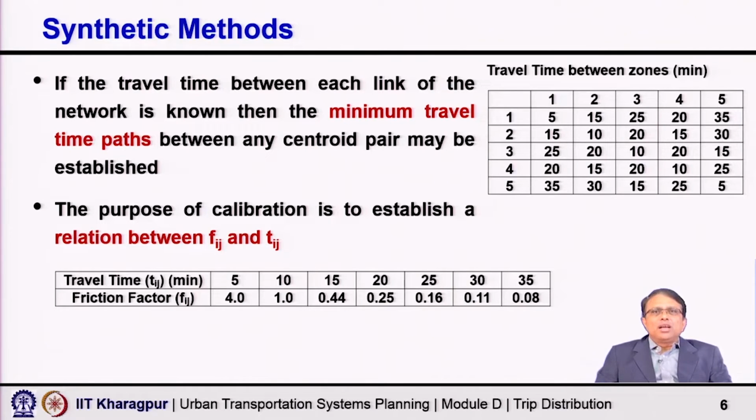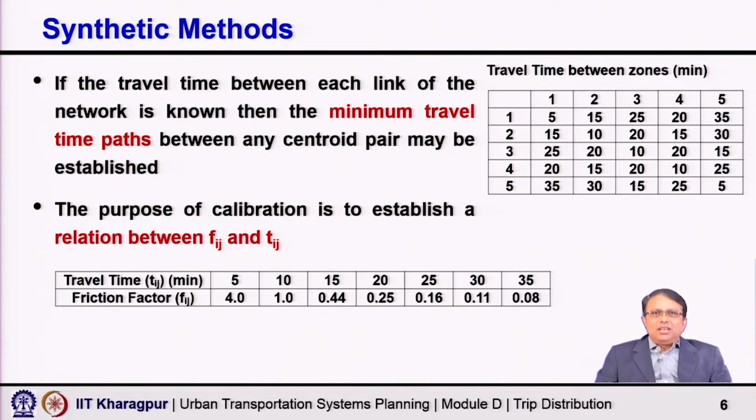Say for example, if I want to go from 3 to 4, then maybe it is 20 minutes along the minimum path. So, I know this is the minimum travel time. These are the practical aspects, because here I have given the time, but what these time values indicate is zone to zone travel along the shortest path, that is what I mean.